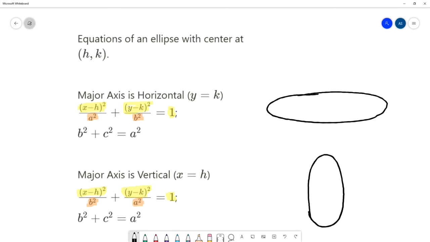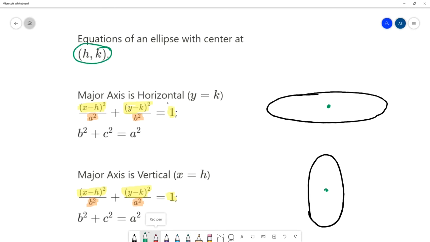Now, in order for us to understand it, we have to know what A, B, and C stand for within the ellipse. So in the ellipse, you're going to have a center, and that center is going to be that h, k.